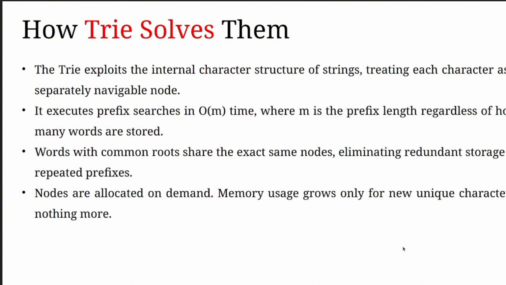For example, the words car, card, and care all share the characters C, A, and R. Instead of storing those characters multiple times, Trie stores them only once. This saves memory and makes prefix searching much faster. Another advantage is that the search time depends mainly on the length of the word, not on the total number of words stored.